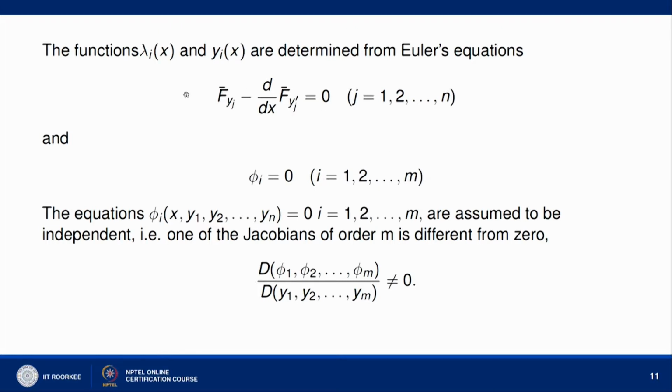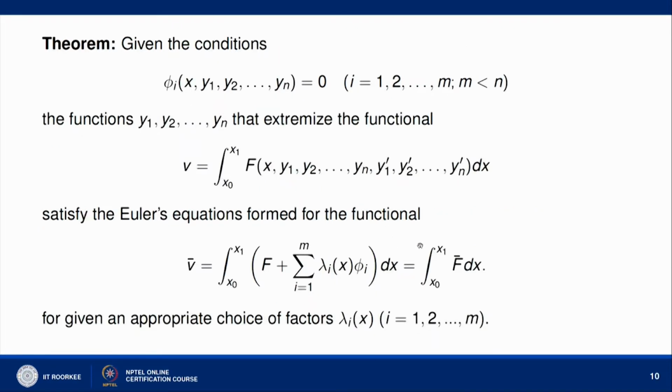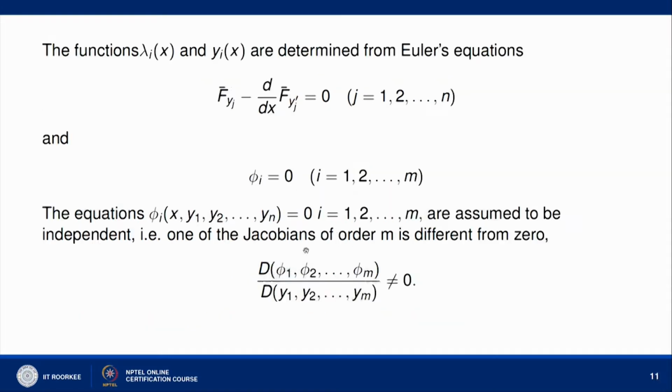In fact, if we consider this f bar, defined as f plus the sum of lambda i(x) phi i, as a function of not only y1 to yn but also of lambda 1 to lambda m, then this system of m equations can be incorporated with Euler's equation.